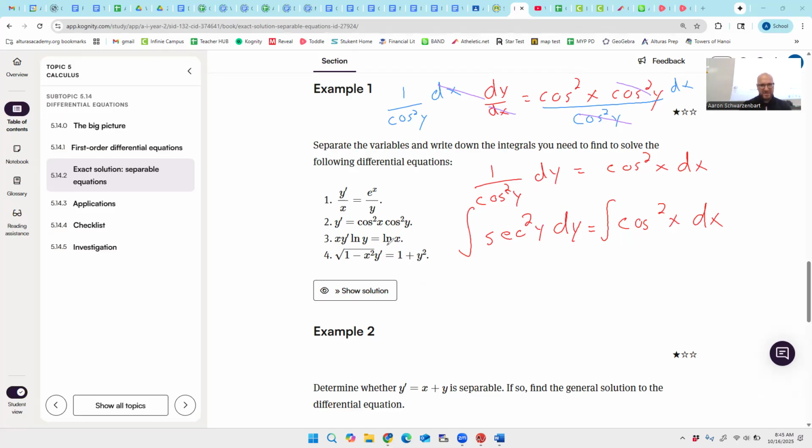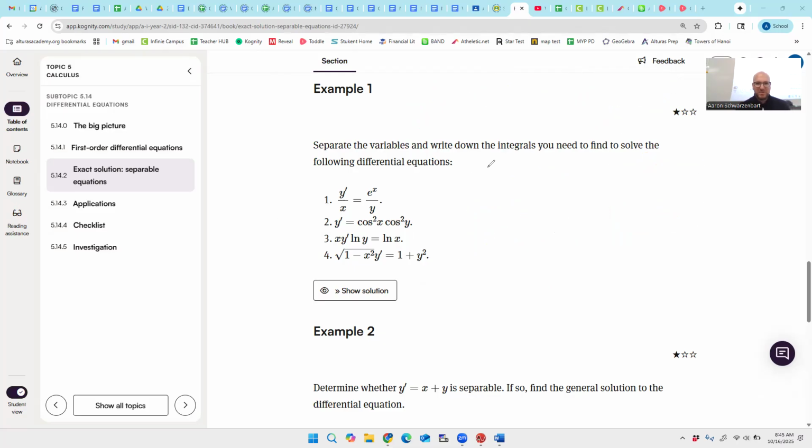Okay, 3 is going to be a little rough to separate. I'm going to leave it as y prime and start separating x and y first, and I'll make it dy/dx in my next step.